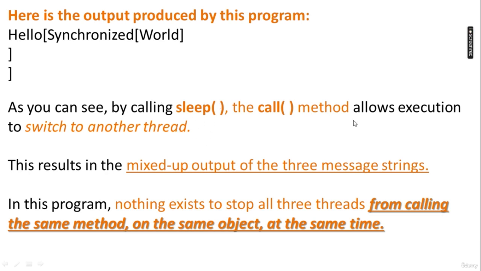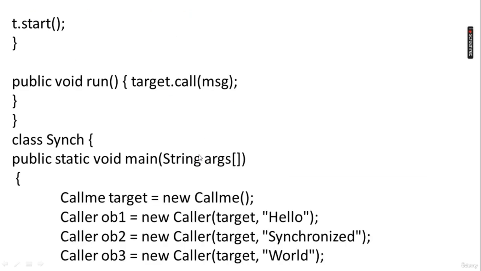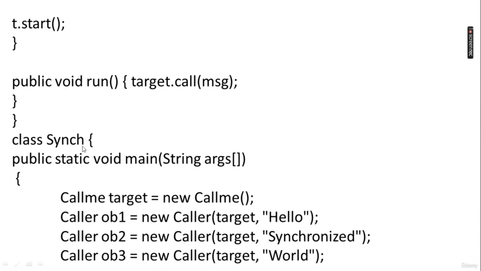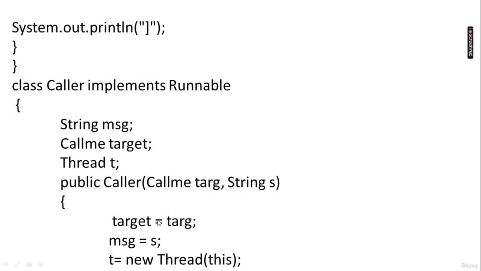Because of this sleep, the call method allows execution to switch to another thread. So two threads are created, and because of this sleep method, the second thread that is waiting will get control of the CPU, and because of this, not all of the thread messages will be printed. Each time you are creating the Caller object, what will happen?